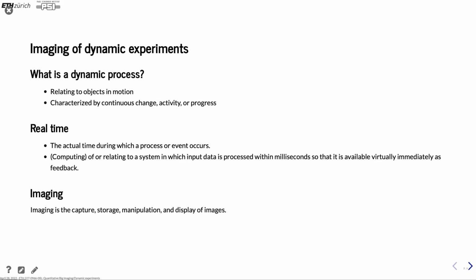And the first thing now is why doing dynamic experiments. What is a dynamic process? That is essentially something related to objects in motion.